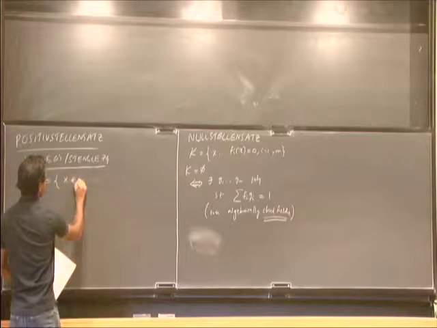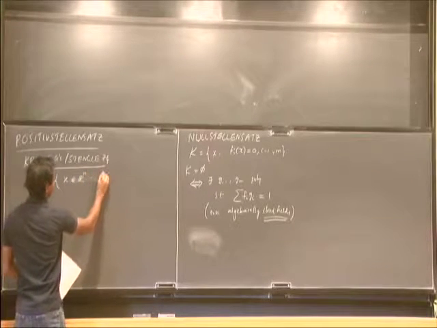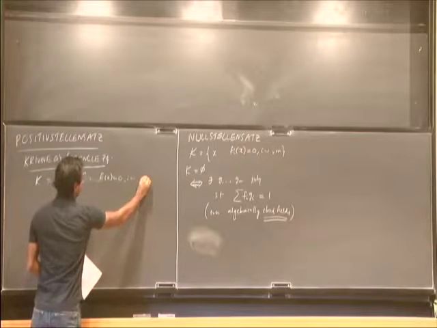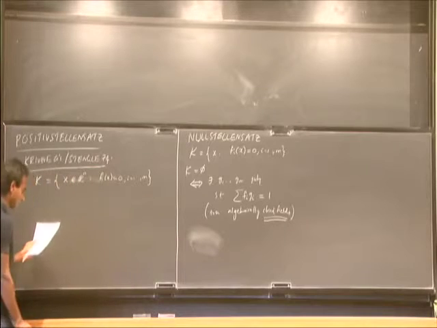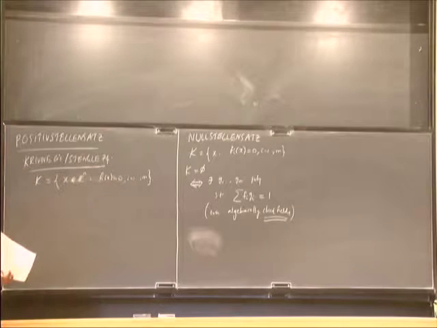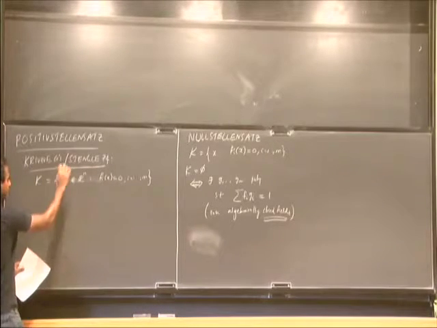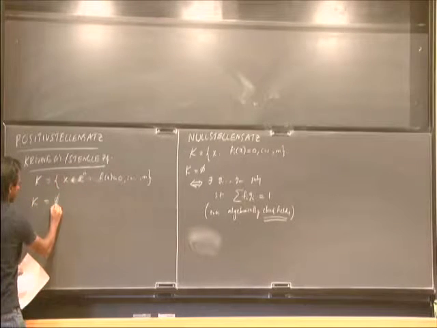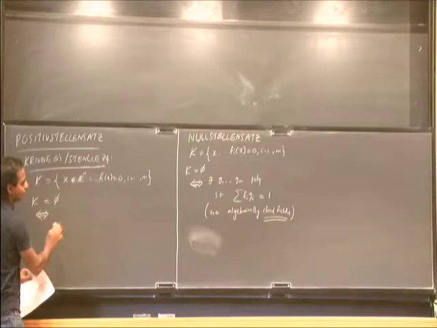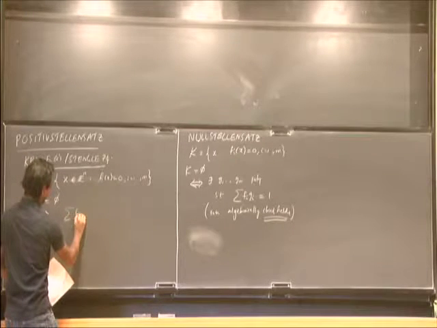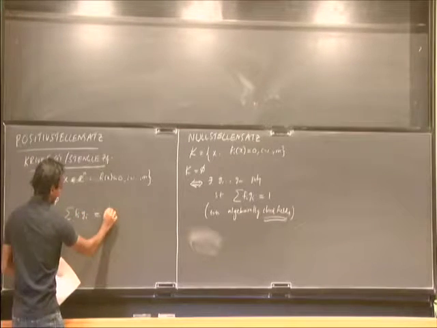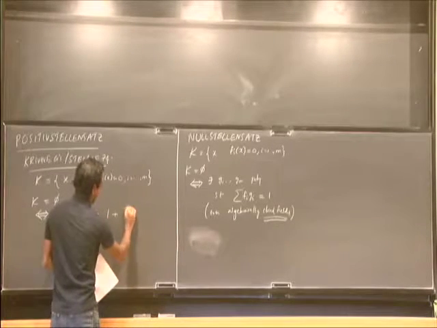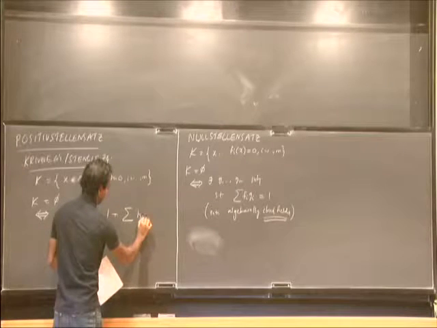So x belongs to R^n, f_i of x equals 0. Okay. Then the positive Stellensatz result of Stengel says that, or Krivine says that, K is empty if and only if you have some identity that looks similar. You would ideally want this, but also you allow sum of squares of polynomials.